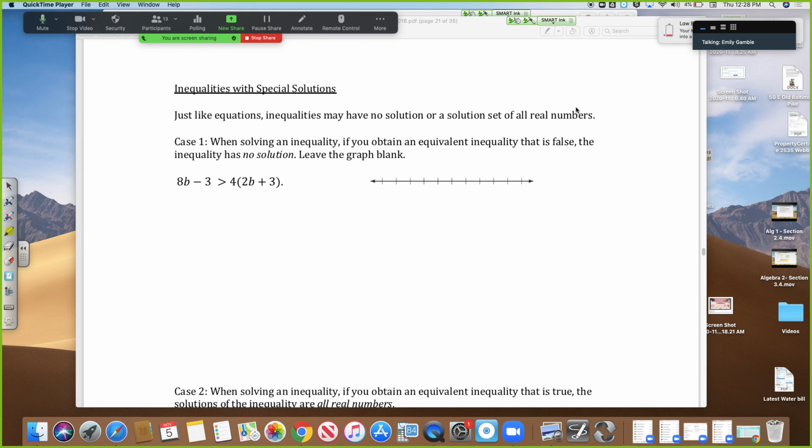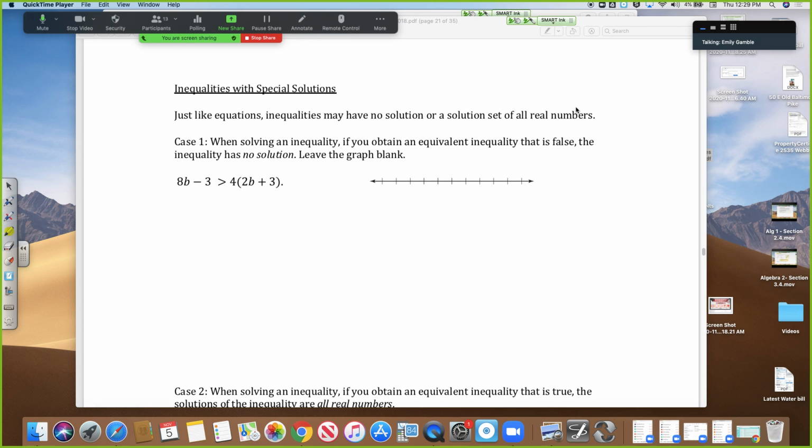Just like equations, inequalities can have no solution or infinite solutions. The textbook calls it all real numbers, I believe, and that just means that every single number can be a solution.